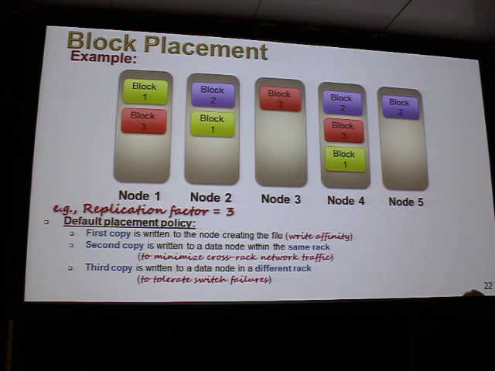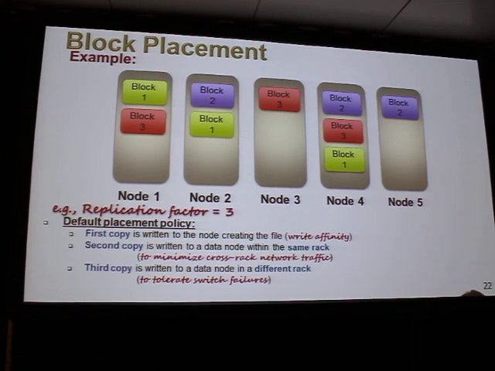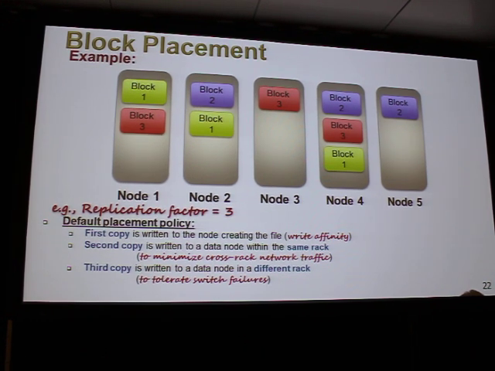Great. Second copy is moved to a node inside the same rack. The reason there is we actually want it to be redundant, but close by. Right? So we're reducing network traffic to achieve this. And then the third copy, to create a quorum, we push down to another rack or even another geo-distributed center, depending on how you set this up.